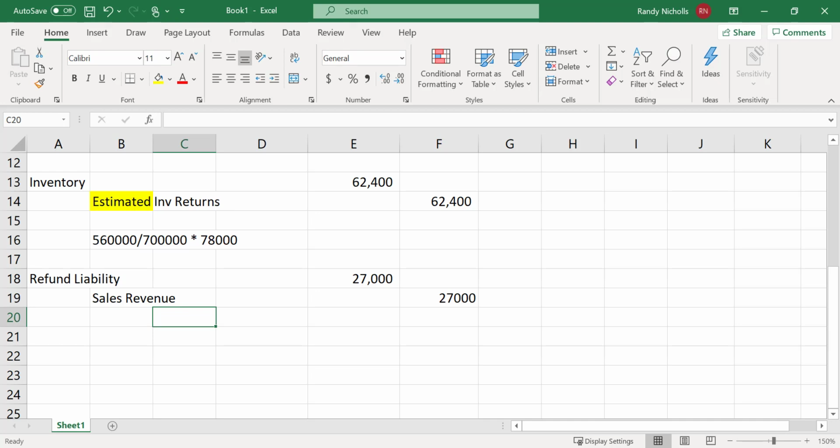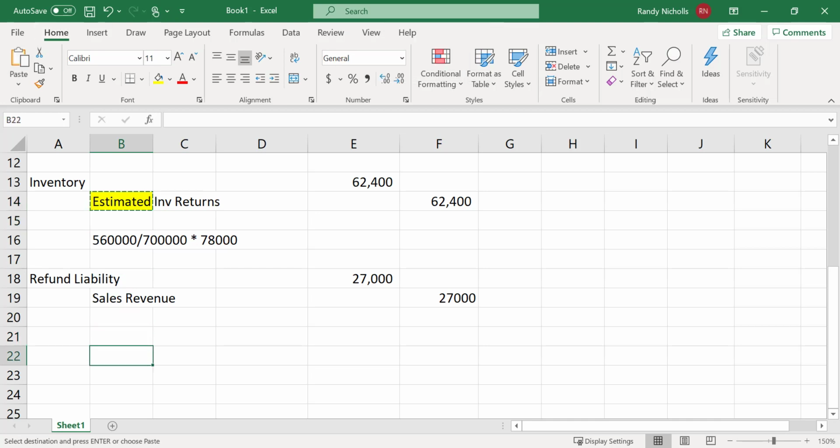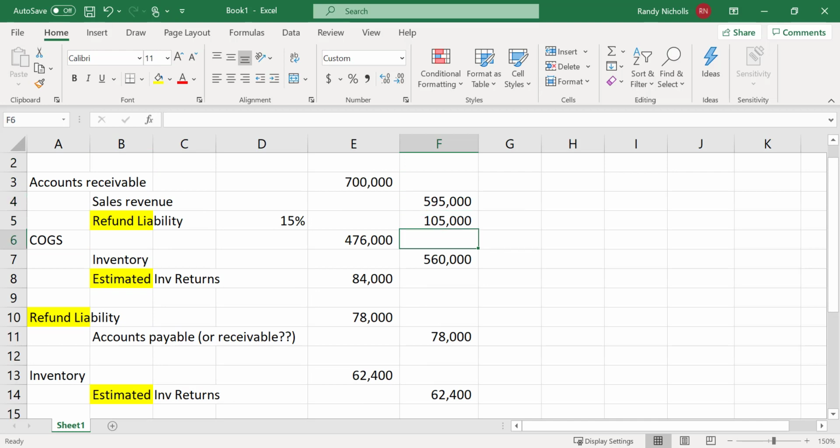And then I'm going to do the same thing for my estimated inventory returns. Right, I expected to get 84,000 back. I only got 62.4 back.